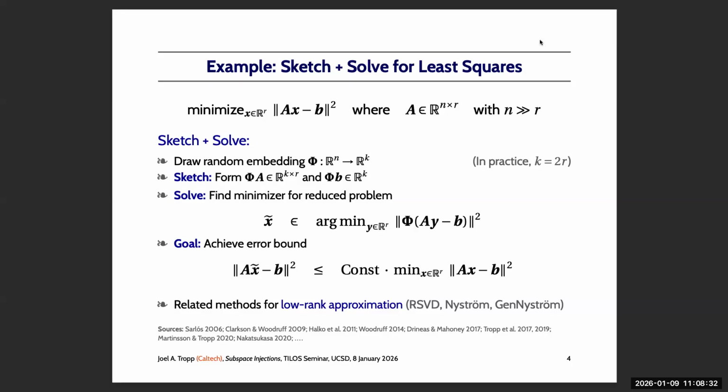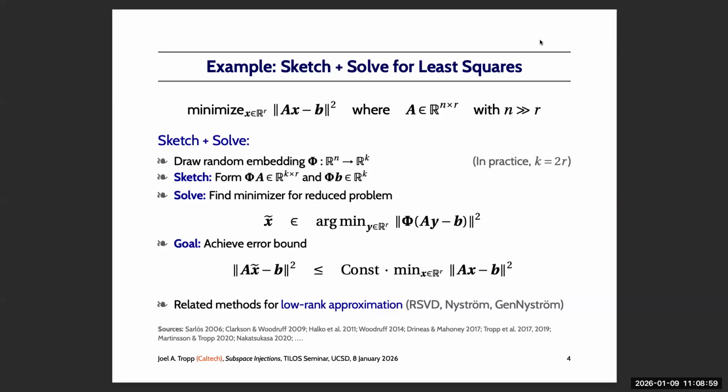So if the right-hand side b is almost in the range of A, then the optimal residual is small, and therefore the computed residual is very small. Okay? So this is an application of sketching, linear dimension reduction, where we reduce the size of the data, we solve a smaller problem, and we get a result which is almost as good as if we had solved the original problem that we cared about.